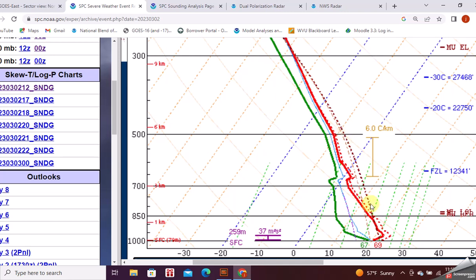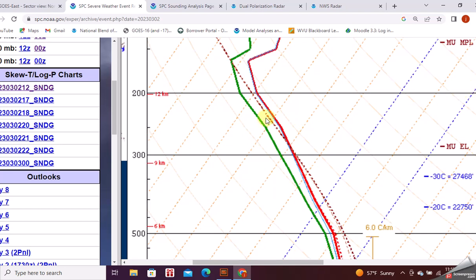So if I can lift this air parcel right here upwards, I know that all the way up to 9 kilometers or more, I am warmer than the surrounding atmosphere, and then I finally turn colder. So I am kicking an air parcel all the way up here.